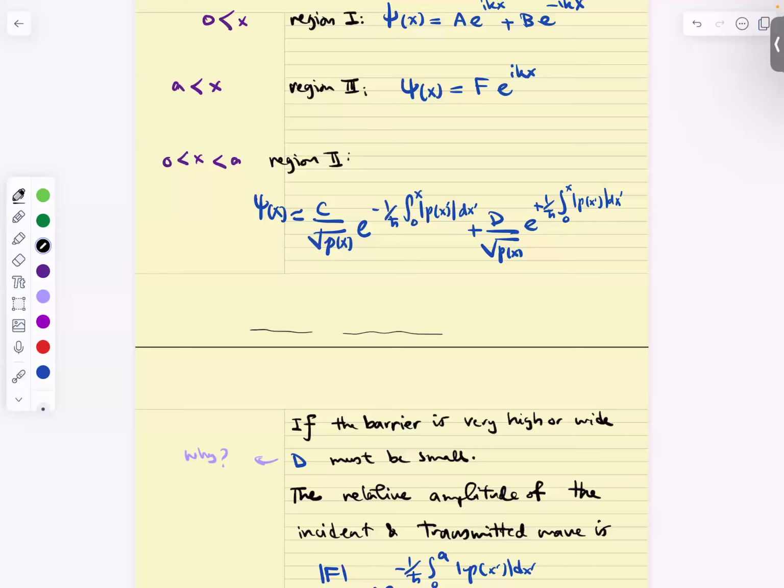In this region, there's some wave like this, and then it will have to decay very, very fast. I'm still plotting phi of x, right? And then on this side, it will do the equations. So roughly speaking, this is what it is.